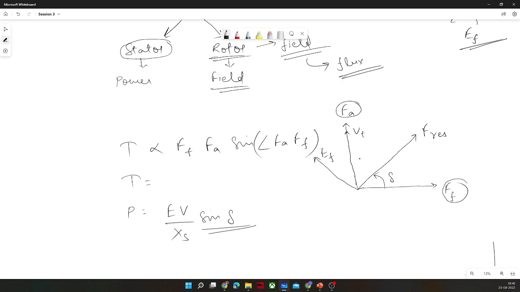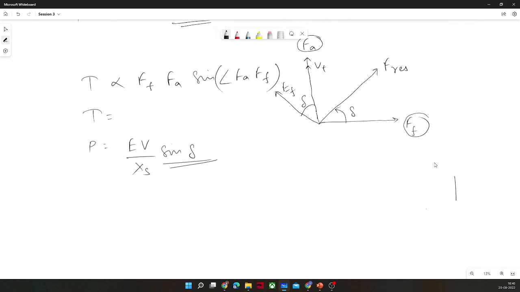So this angle is similar to this. So generally, you see torque is equal to FF, F resultant, sine between them, FA and F resultant.